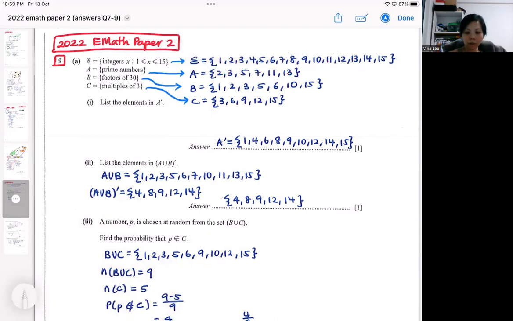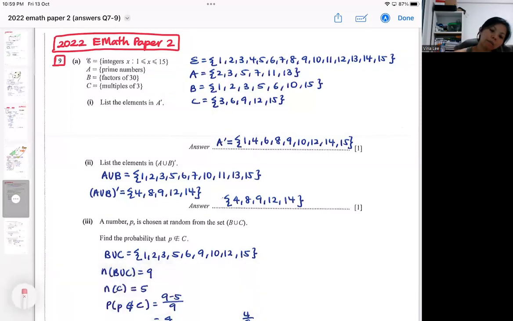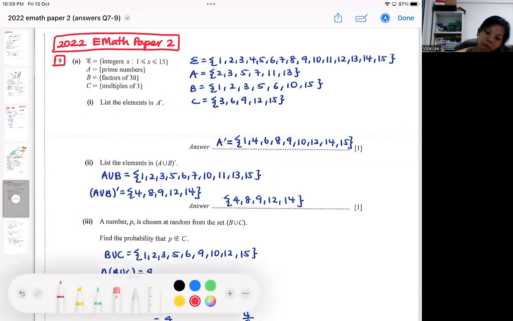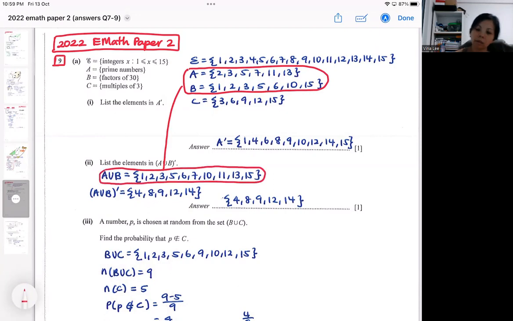Then the next one, you are supposed to list the elements in (A union B) complement. So first of all, list out your A union B first. Union means you combine. So I list out my A union B. Please don't repeat the elements. After listing out, I will cancel away from the universal set.